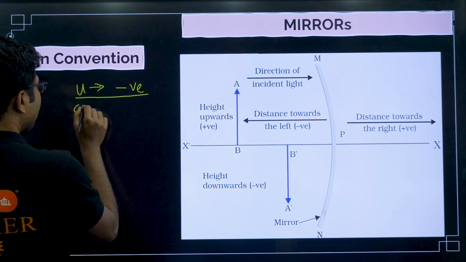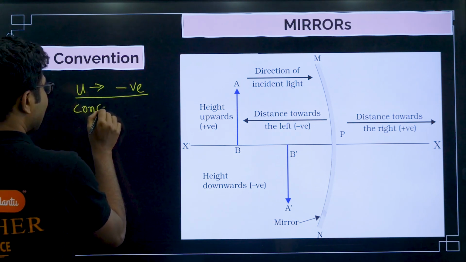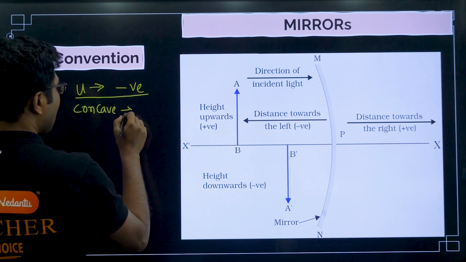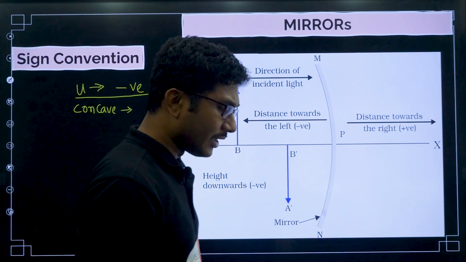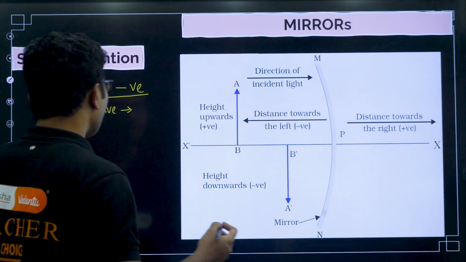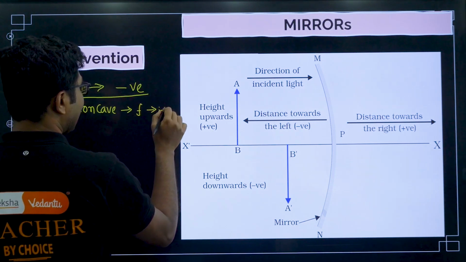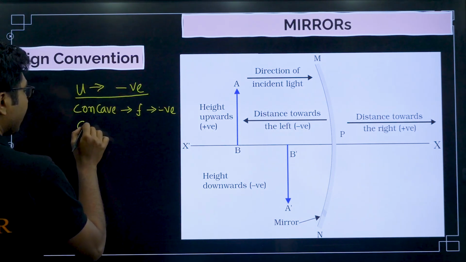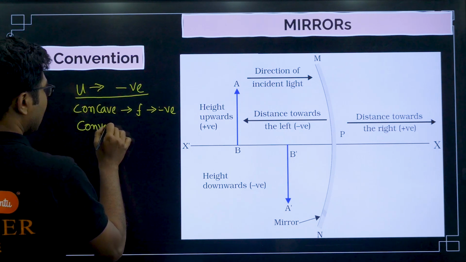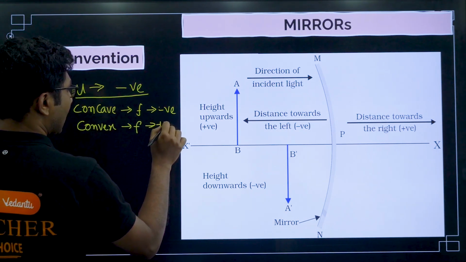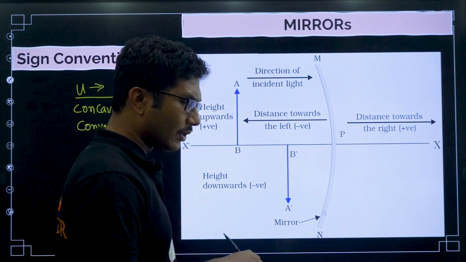And one more thing, for a concave surface, the focal length will always be negative. For a convex surface, maybe it is a lens or maybe it is a mirror, focal length is always positive. So be careful about this.